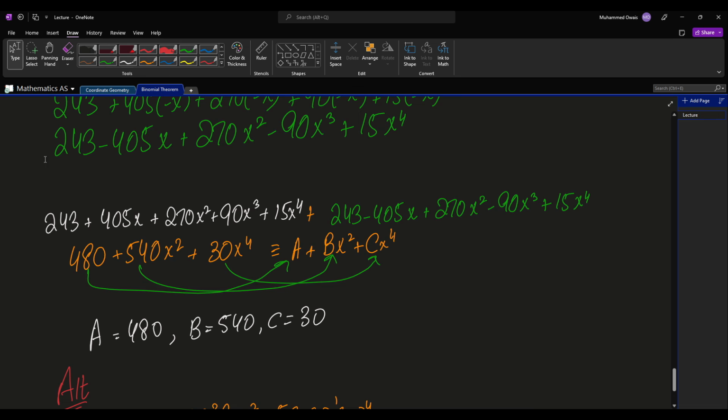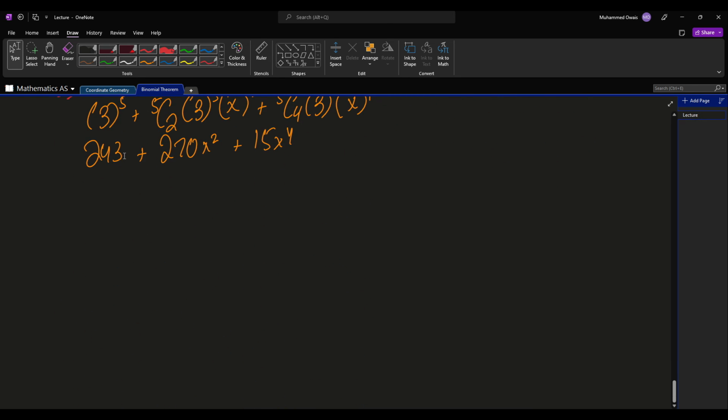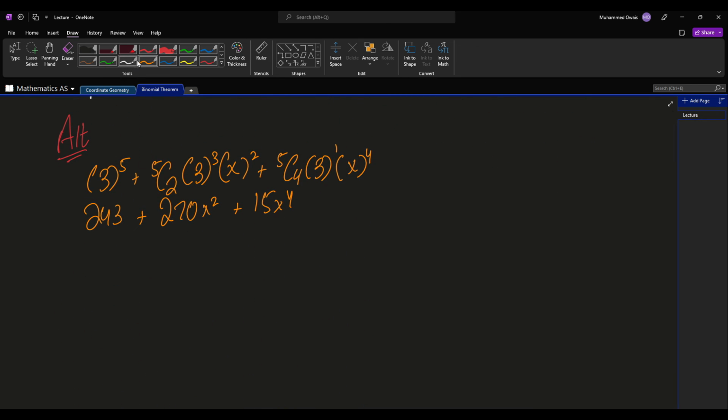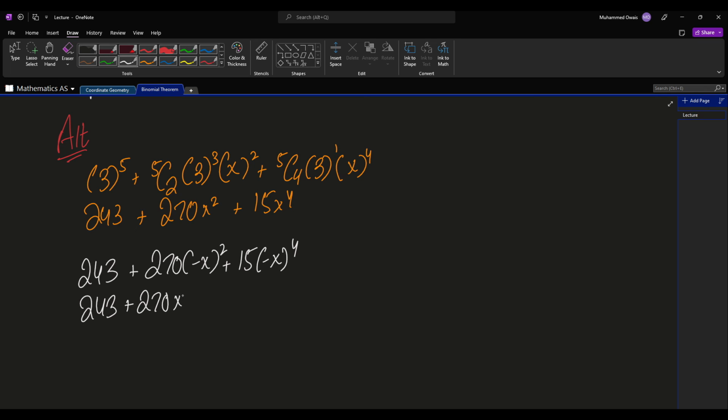Now once again we could have done the same thing where we replace the x with negative. So 243 plus 270 into negative x square plus 15 negative x power 4. So this once again gives us 243 plus 270 x square plus 15 x4. Now all we need to do is add these.